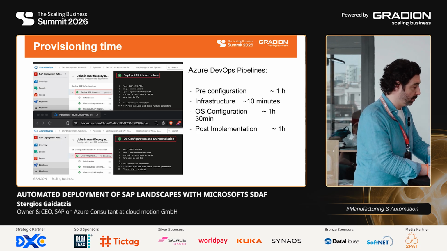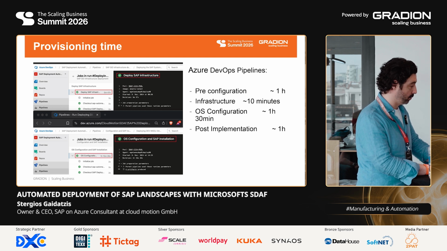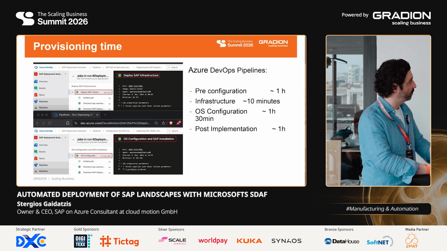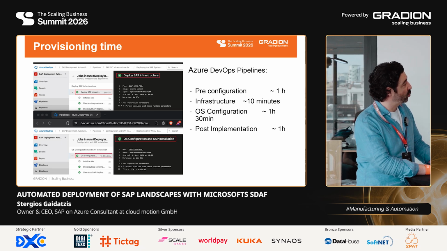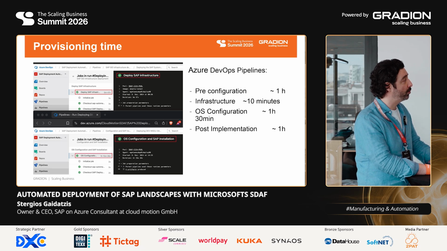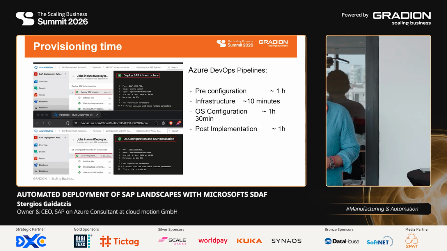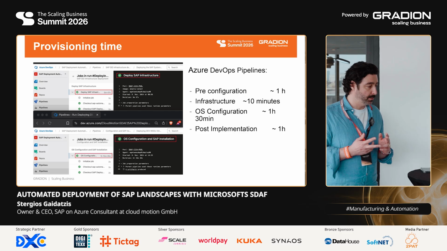So we did the live demo. Deploying an SAP infrastructure takes roundabout 5 minutes; we need roundabout 10 minutes. Pre-configuration time is 1 hour. It depends on the customer, what kind of dependencies we have.